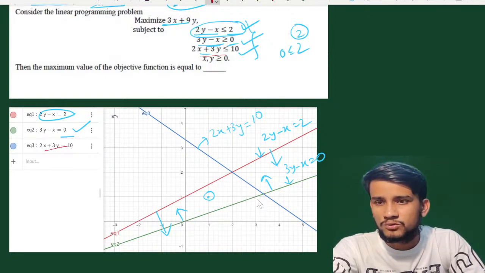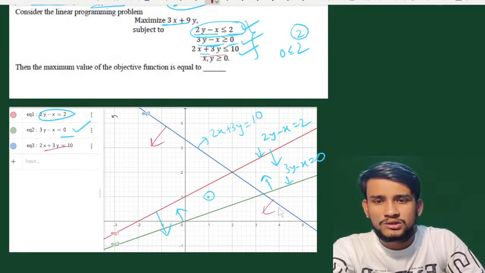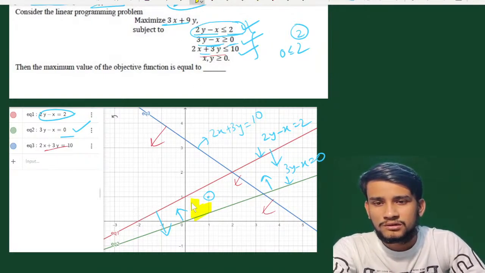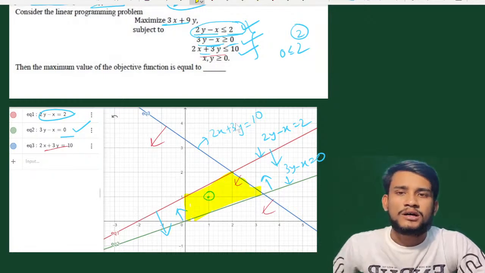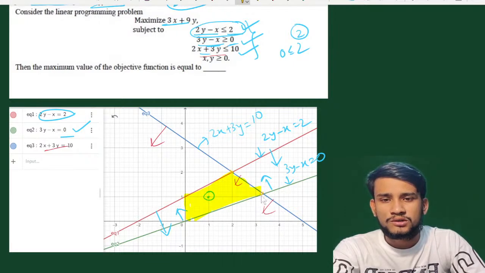So the region is this one, this is our feasible region. Now we find the corner points, that is, the extreme points, this one and this one.